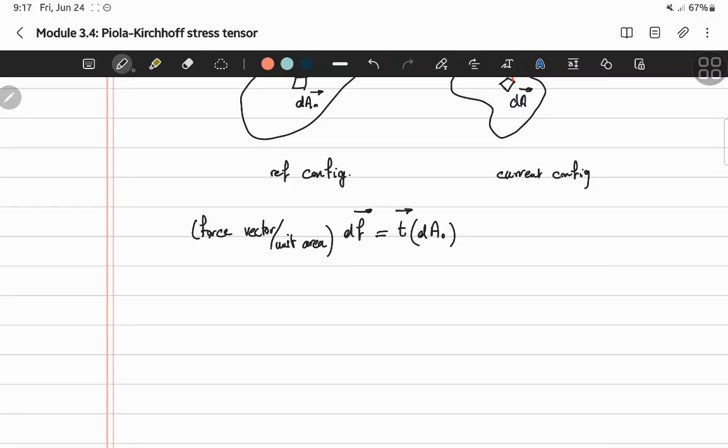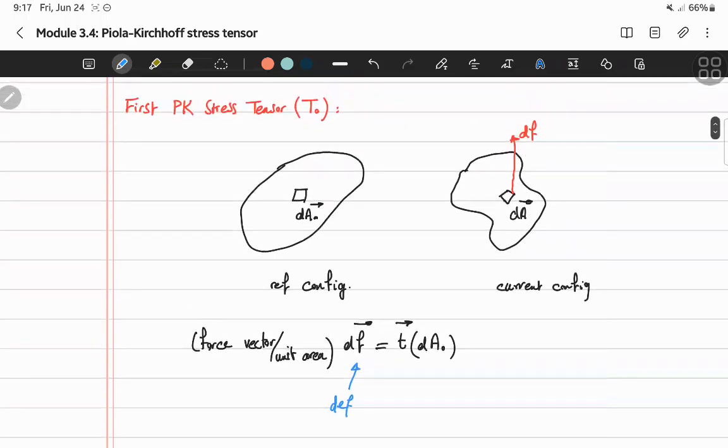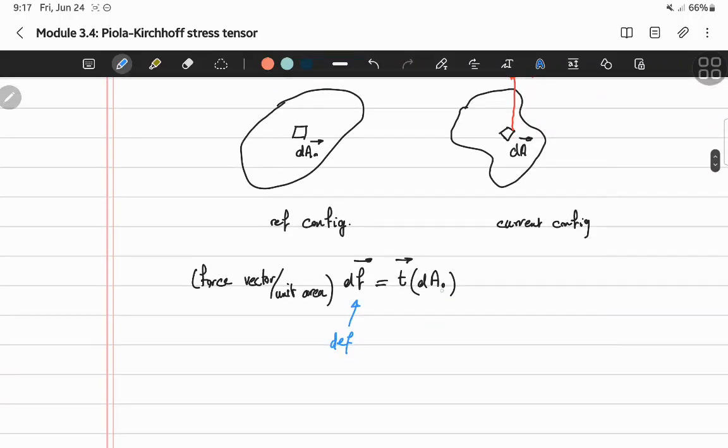And if you notice here, this F here is in deform configuration. And here we define dA0 in reference configuration. So one of the dyads of our stress tensor will be in deform configuration and the other one will be in reference configuration.